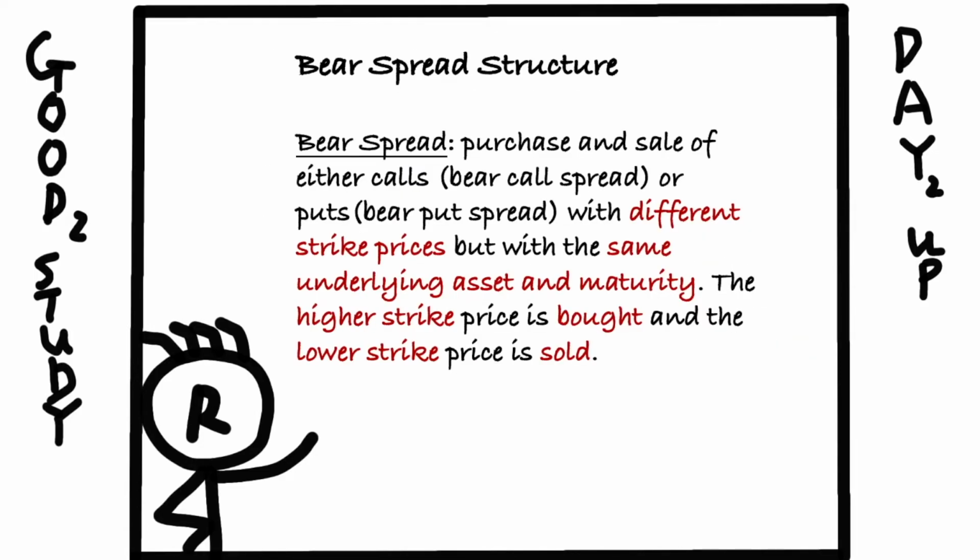Next, let's move on to bear spread strategies. Bear spread is the opposite of bull spread, where you purchase and sell either calls or puts with different strike prices but within the same maturity and underlying asset. The highest strike is bought and the lower strike is sold.